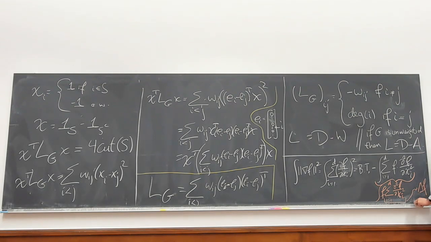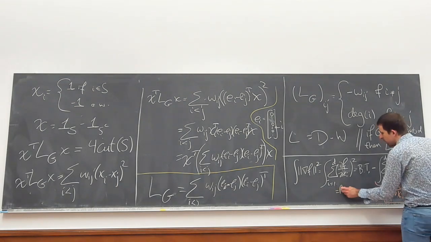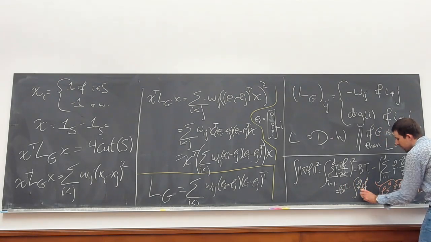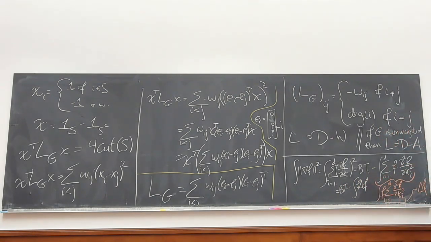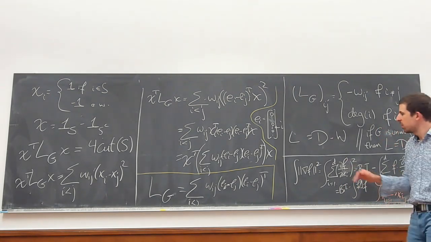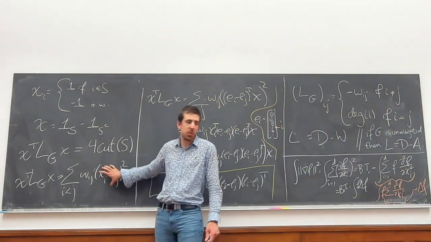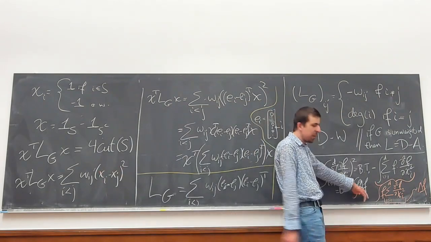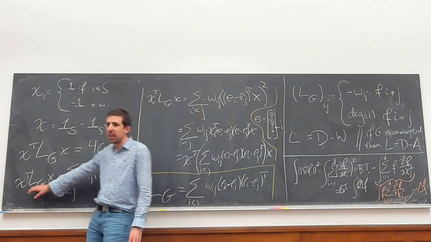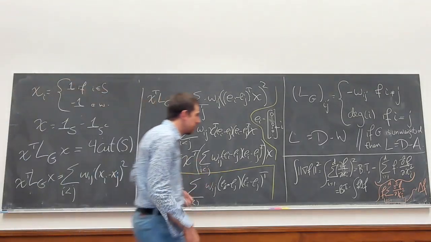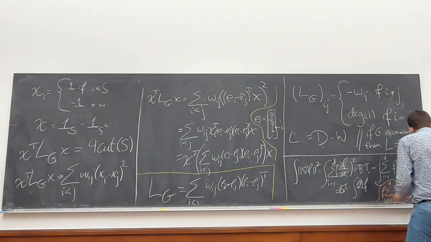So this is exactly the same as boundary terms minus the integral of f times the Laplacian of f. Even though it's not quite the same formula, you can already see that these things seem related. This is a bit like integrating the differences and summing the differences squared, and this is a bit like f Laplacian f, which looks a bit like x Laplacian x, and there's a reason for this to be the case. But for now, let me just leave it at that.